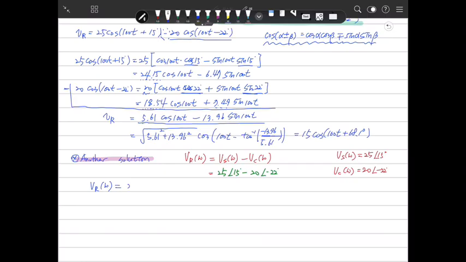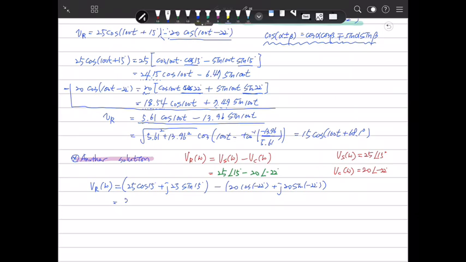The rectangular form is better. So we can use 25 cosine 15 degree plus j 25 sine 15 degree, and minus 20 cosine minus 22 degree plus j 20 sine minus 22 degree.